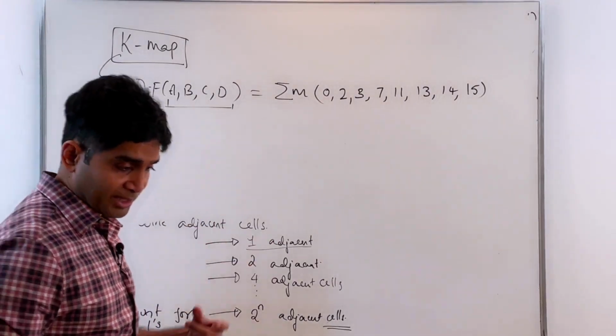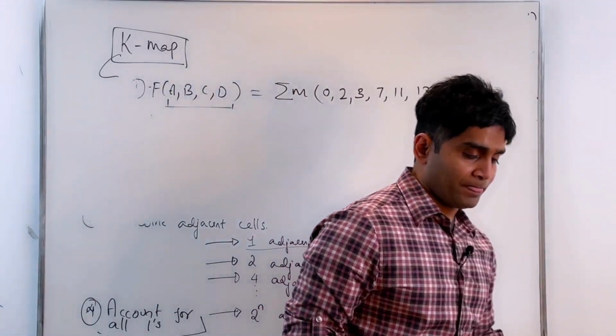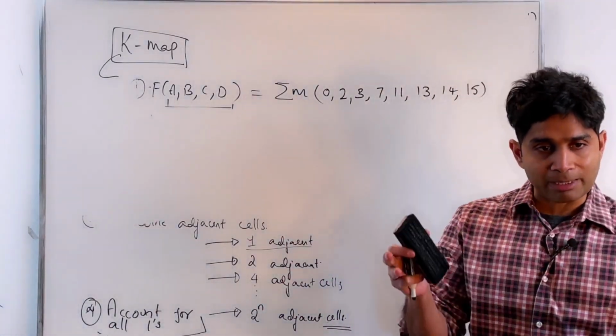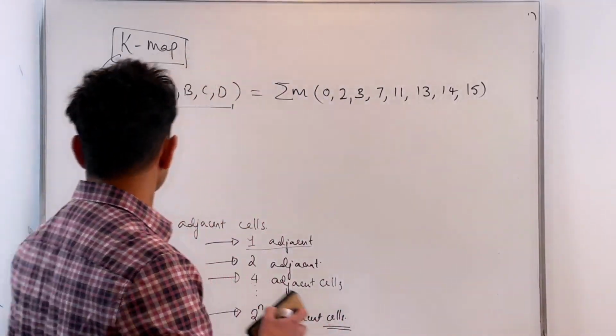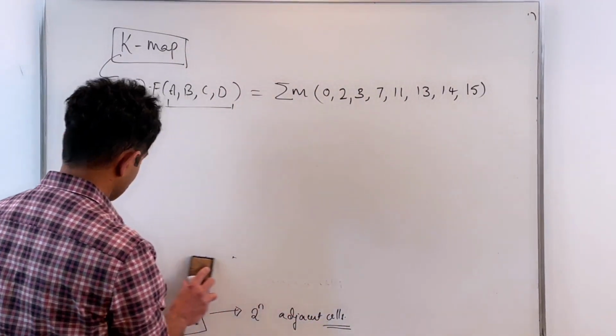Again, 4 inputs, that means I have 16 minterms. That means when I draw the K-map, it should contain 16 cells. All right, so let's do that.